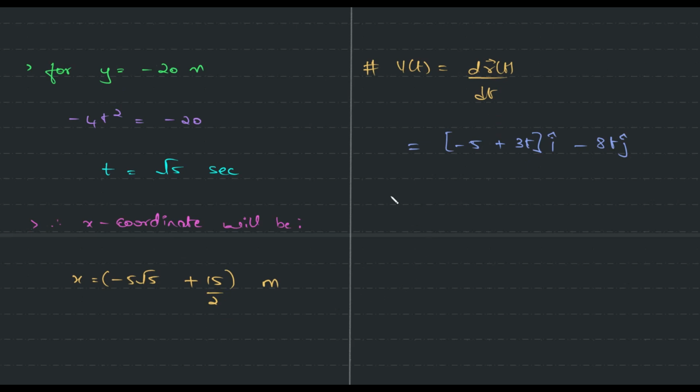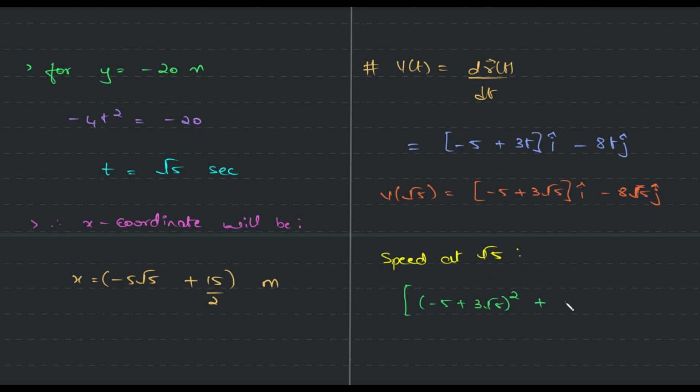So we have to figure out the velocity at root 5, minus 5 plus 3 root 5 i cap minus 8 root 5 j cap. And the speed will be the root of minus 5 plus 3 root 5 the whole square plus 8 root of 5 the whole square, ignoring the negative sign.